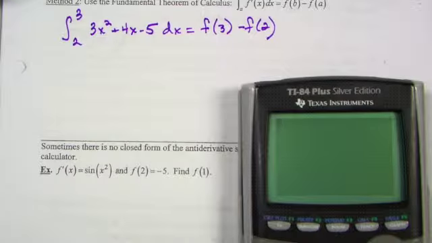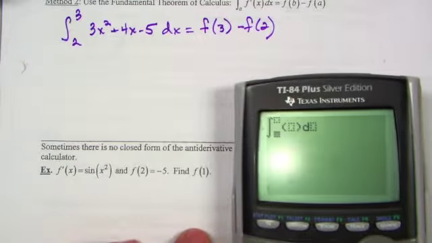Okay, so if you're on an 84, remember you do this from the home screen. If you're using an Inspire, you're going to go to the calculus piece. We are going to hit Math 9 on your 84 because that's how you integrate.